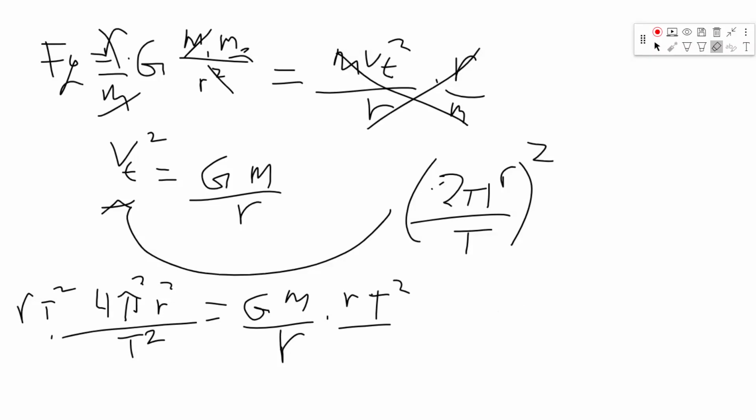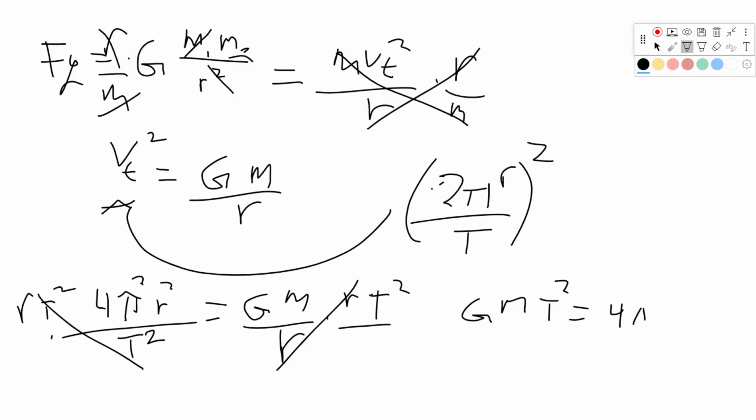Let's see what we end up with here. So the r's cancel, the T's cancel, so we wind up with GM T squared equals 4 pi squared, and now r is cubed, and then we're going to divide both sides by GM.